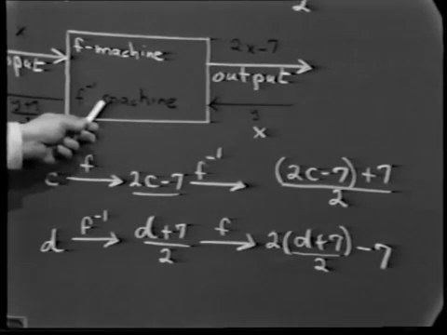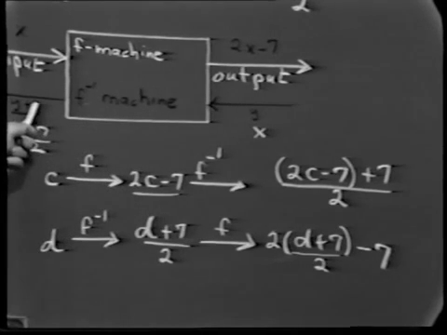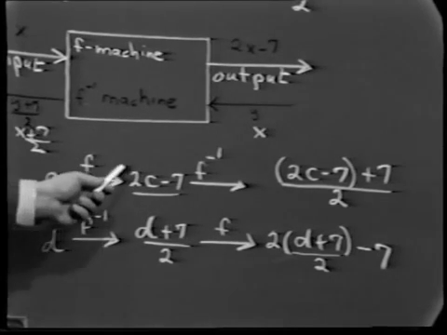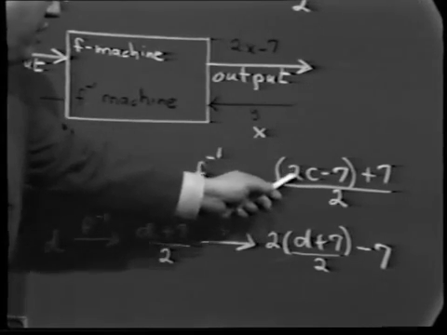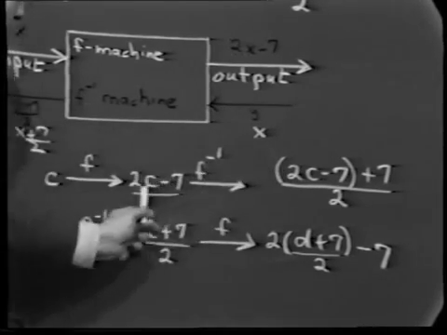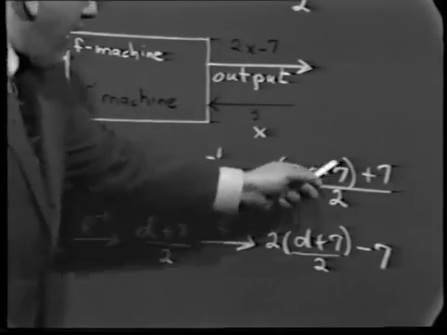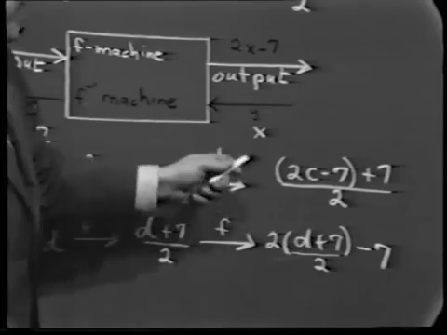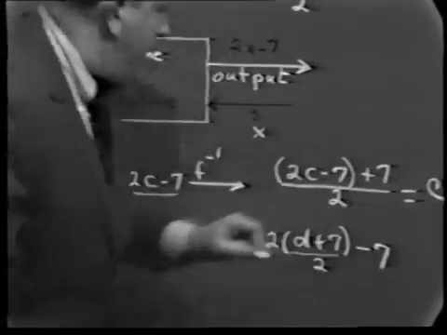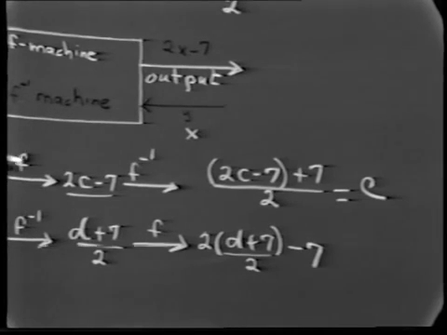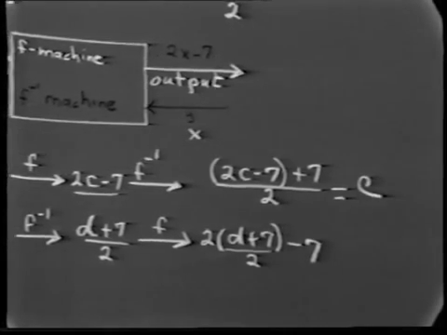What does the f inverse machine do? It adds 7 onto any input and then divides that result by 2. In other words, if we now run 2c minus 7 through the f inverse machine, we have 2c minus 7 plus 7 over 2 equals 2c over 2 equals c. In other words, notice how the f inverse machine undoes the f machine.